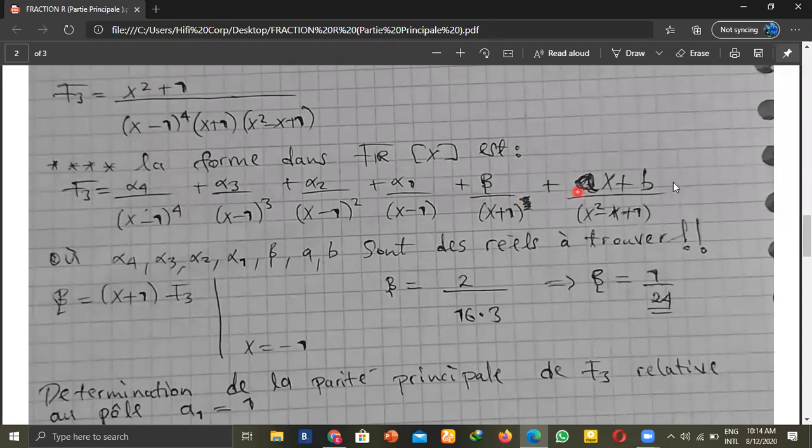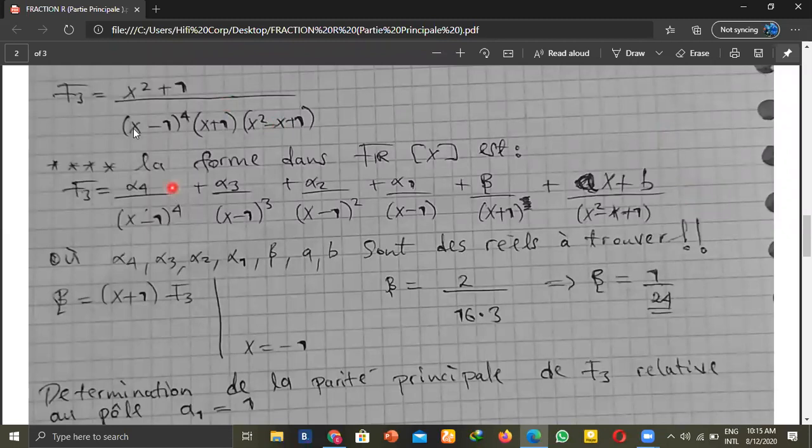When we put it here, we're going to have x minus 1 minus 1, which is going to give us 0. So this will make this 0, this 0, this 0, this 0, this 0. What do we have? We've got beta equated to x plus 1 over x minus 1 to the power 4 times x squared minus x plus 1, because this has already cancelled.